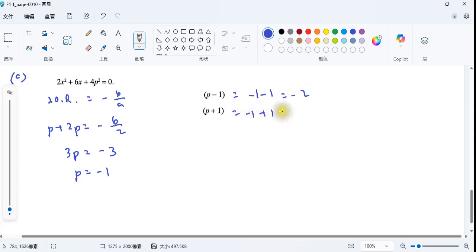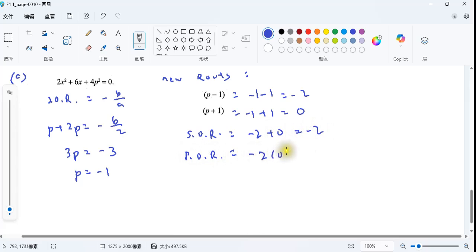Negative 1 plus 1, then it's 0. Okay, so the new roots are negative 2 and 0. So their sum of roots will be negative 2 plus 0, negative 2. Product of roots will be negative 2 times 0, then it's 0.